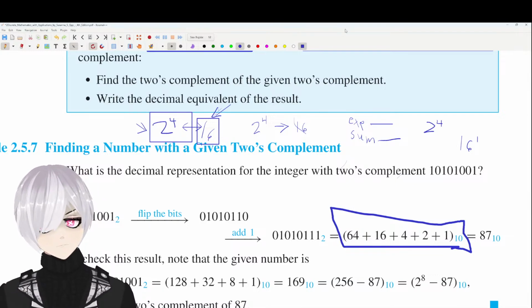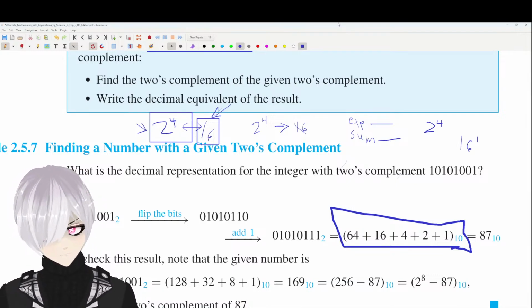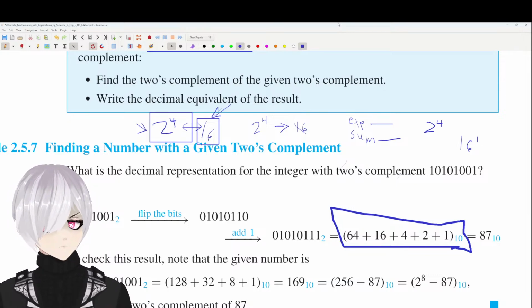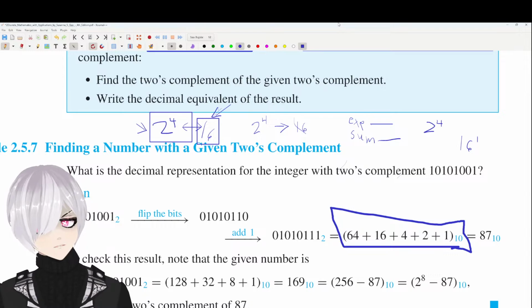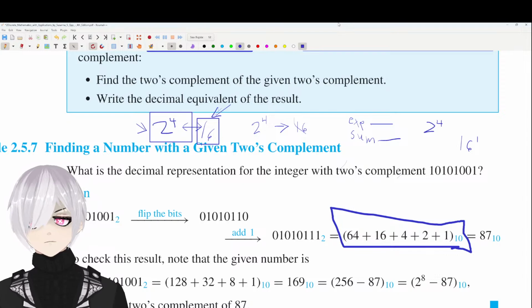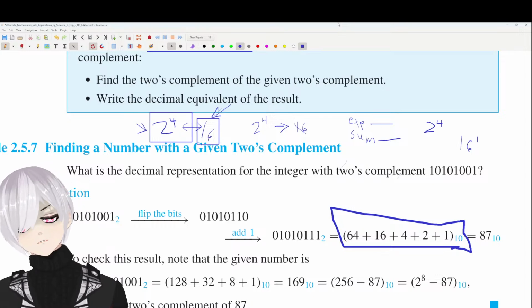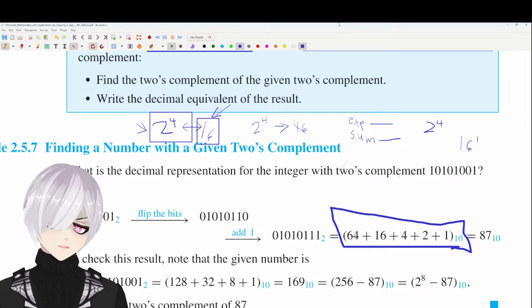Well, what I was saying is that so far it seems like the best way we have of translating from a binary representation to a decimal representation is first to identify the number raised to the power of 1 for each of the bits that's a 1.